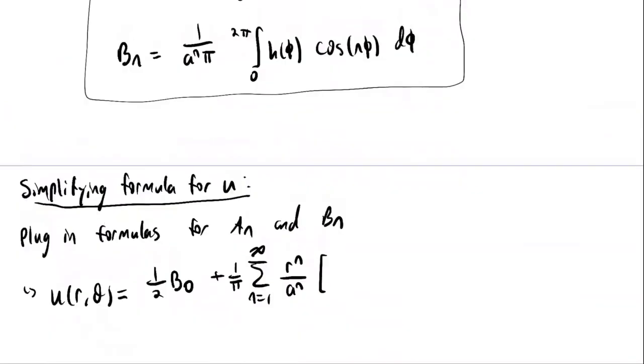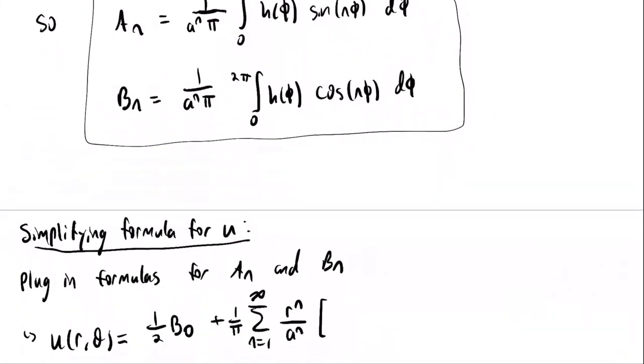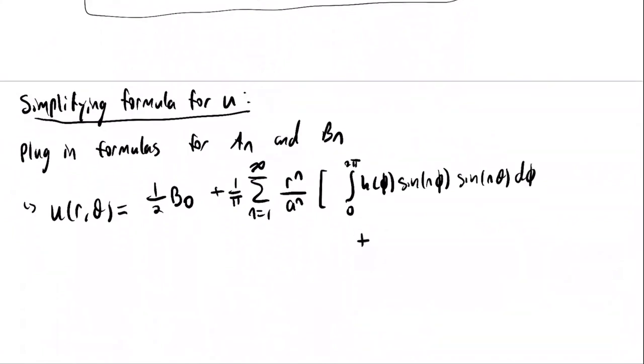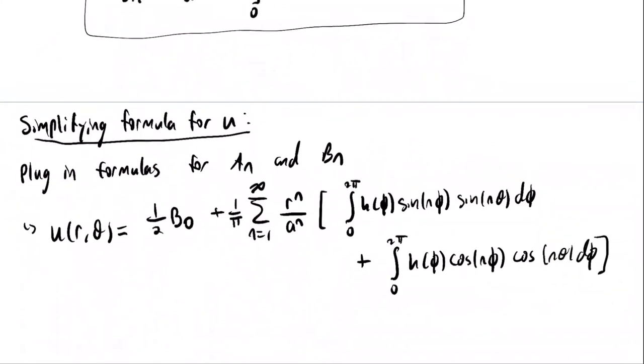So if I replace a_n, I end up with the integral from 0 to 2 pi of h of phi sine of n phi times sine of n theta d phi. And then the second term is the integral from 0 to 2 pi of h of phi times cosine of n phi times cosine of n theta, integrating with respect to phi.